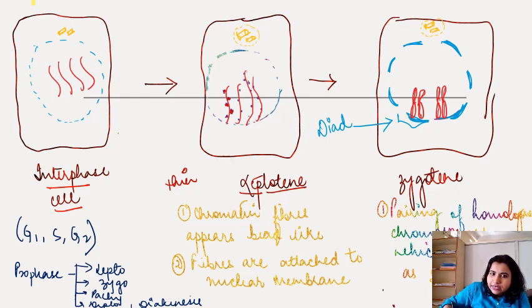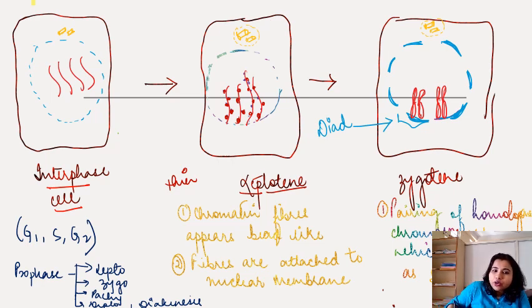If you see carefully, these are small bead-like structures on the chromatin. These bead-like structures are absent in the interphase cell. They develop only in the leptotene stage.